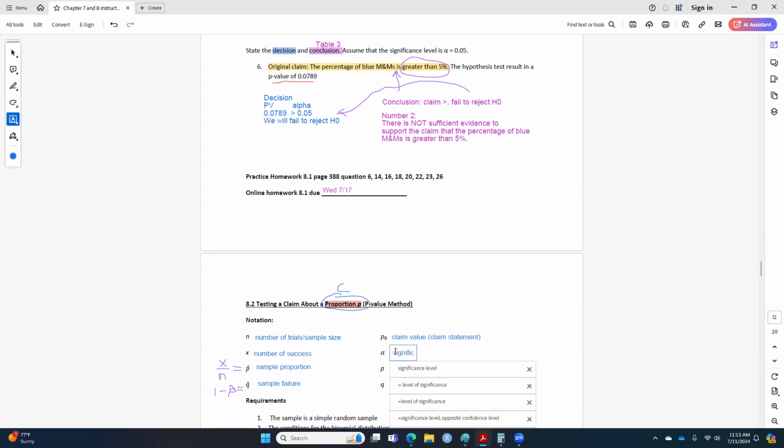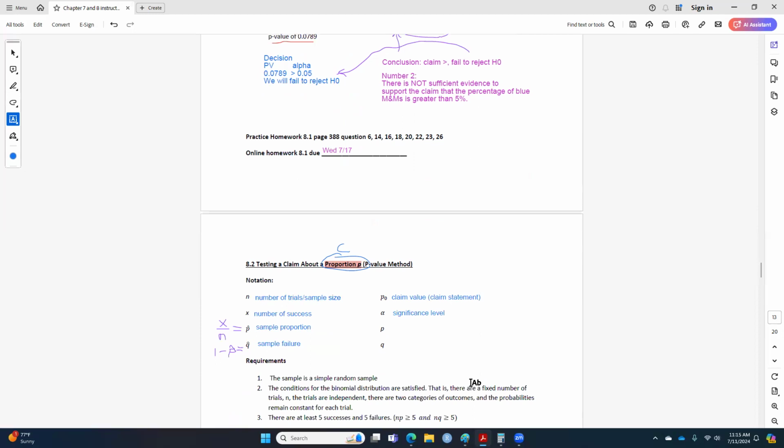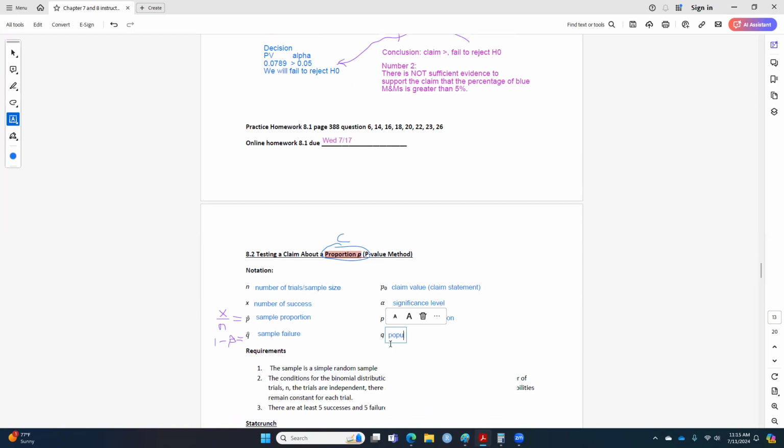Alpha is your significance level. This is also usually given in the question, so make sure you figure it out. P in this case is the population proportion, and Q is the population failure.